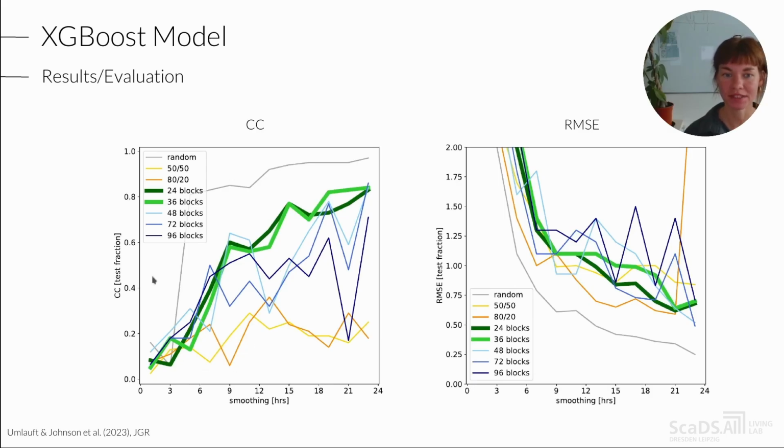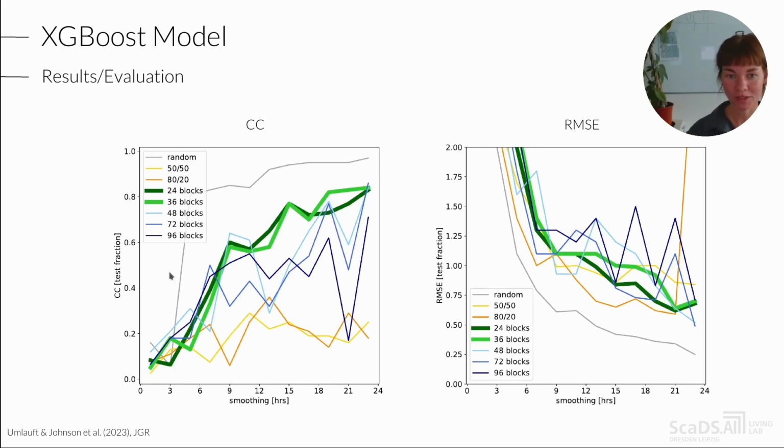And you can see that for random, anyway, the correlation coefficient and RMSE are not adequate, not what we desire. We have quite a good performance for these 24 and 36-hour-long blocks here, the green graphs, while we have quite low performance for 50-50 or 80-20 splits.